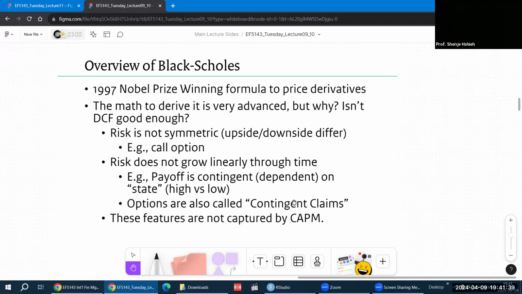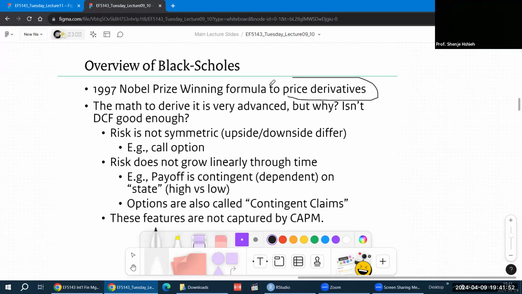There are no kinks, no discontinuity, no contingent payoff based on the realization of the world. This is where option pricing is fundamentally different. We have to generalize asset pricing beyond this risk-return concept in CAPM.